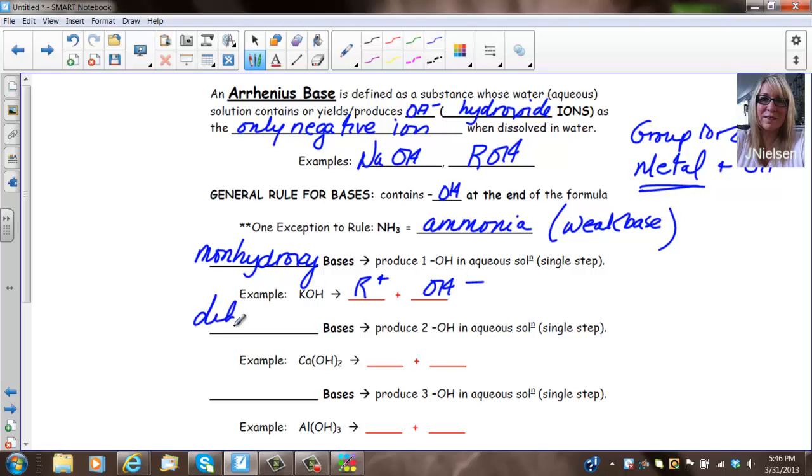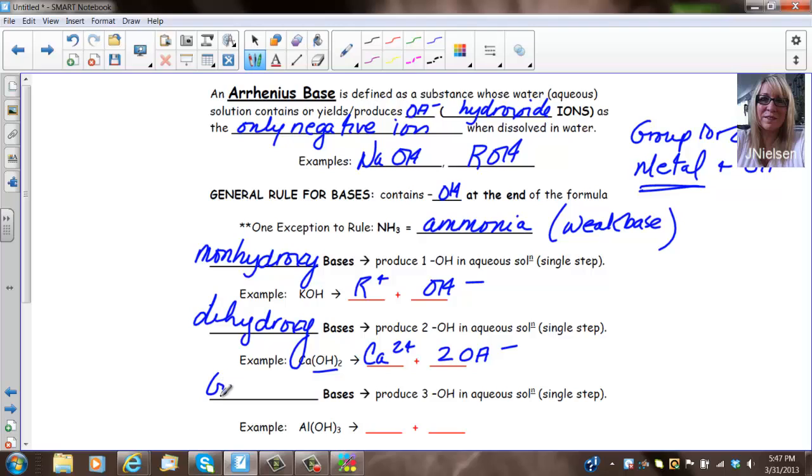A dihydroxy base is a base with 2 OH, and it also ionizes in a single step. So here the Ca2+, and I've got 2 OH-. And both of the OH come off in one step, which is different from the acids. In the acids, you're removing one H at a time.